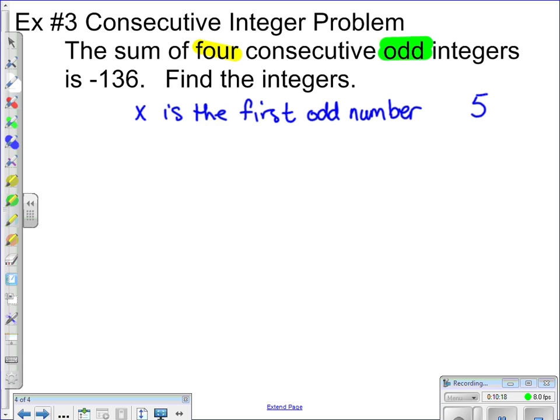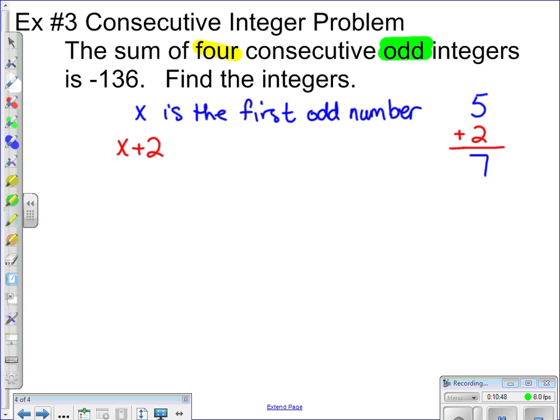What's the next odd number after 5? 7, that's right. Well, how do you go from 5 to 7? You notice you have to skip 6. So you can't just add 1. Good, you have to add 2. To get to the second number, you have to add 2 because you have to skip that other number.